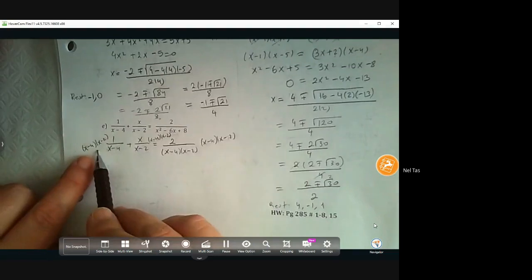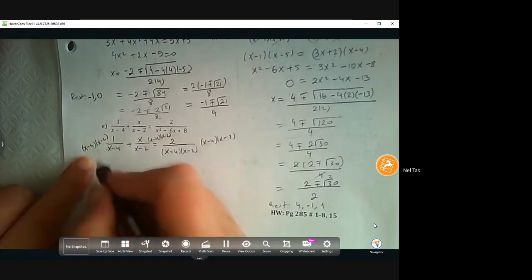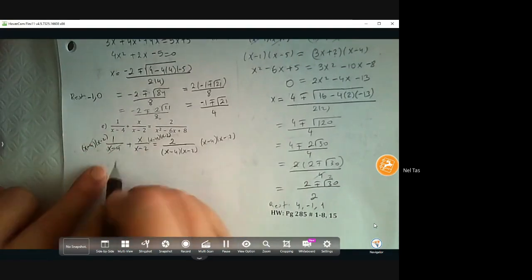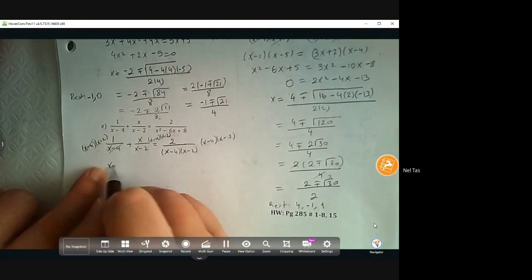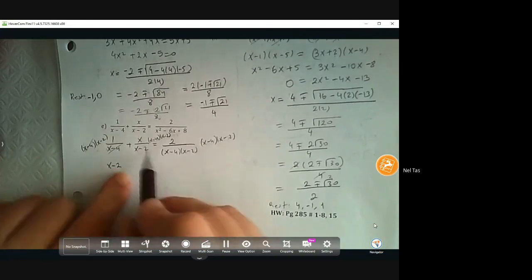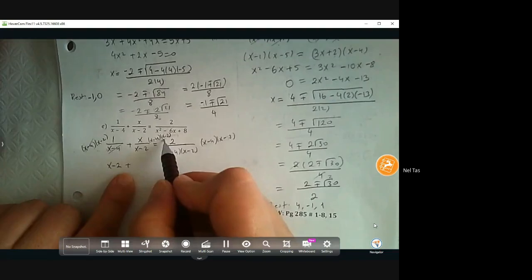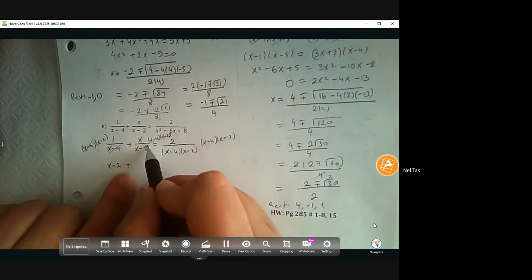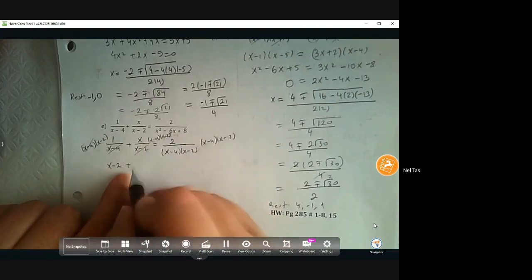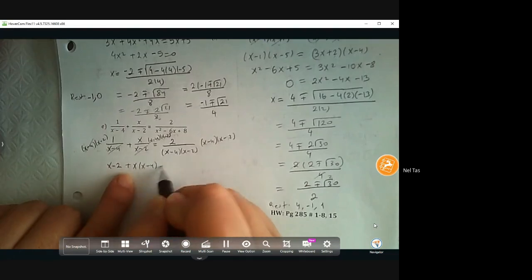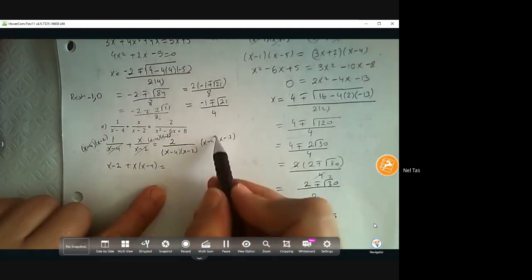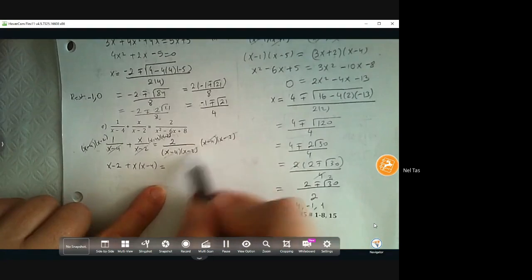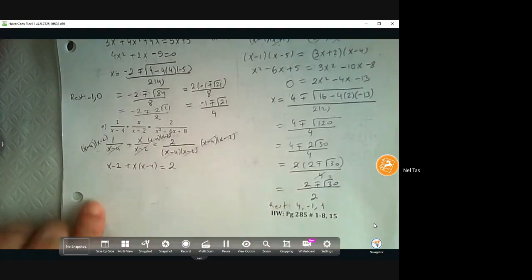Okay, so let's get the first term on the left. x minus 4 and x minus 4 is gone. So you end up with 1 times (x minus 2). Plus, second term on the left, x minus 2 and x minus 2 is gone. You end up with x times (x minus 4). And here, x minus 4 is gone, x minus 2 is gone. You end up with 2 only.